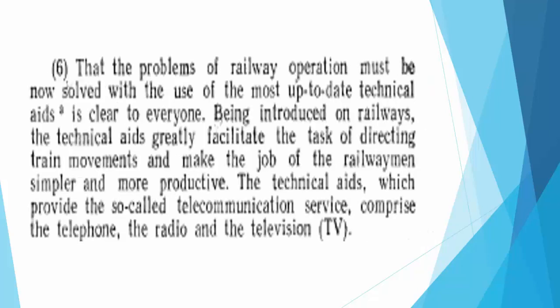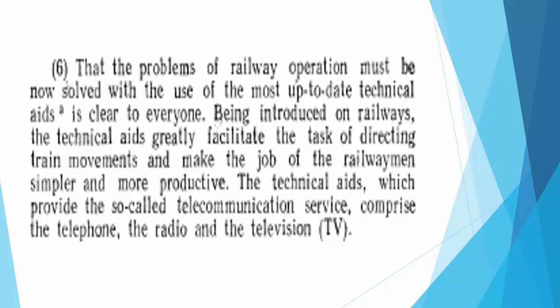That the problem of railway operation must be now solved with the use of the most up-to-date technical aids is clear to everyone, I think. Being introduced on railways, the technical aids greatly facilitate the task of directing train movements and make the job of the railwayman simpler and more productive.